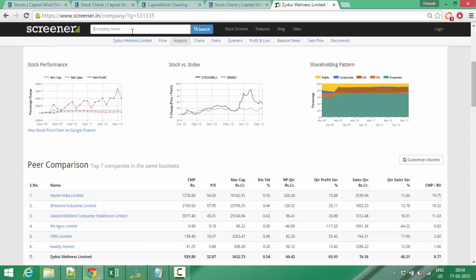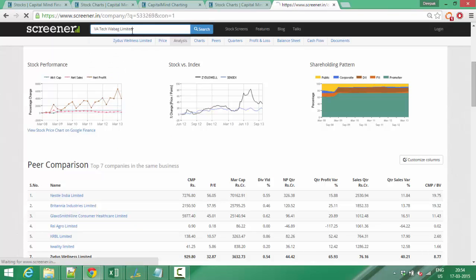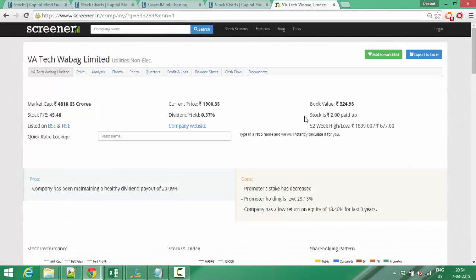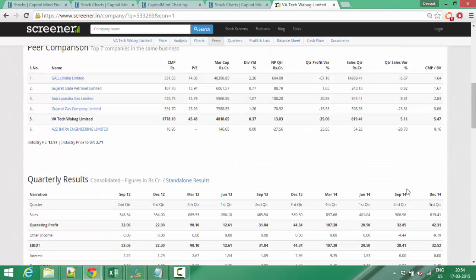If we look into screener.in and type VA Tech Wabag, which is the name of the company, you see that its P/E is 45, so it's not necessarily cheap. This is a company that has an interesting set of competitors, all of whom have a lower P/E.